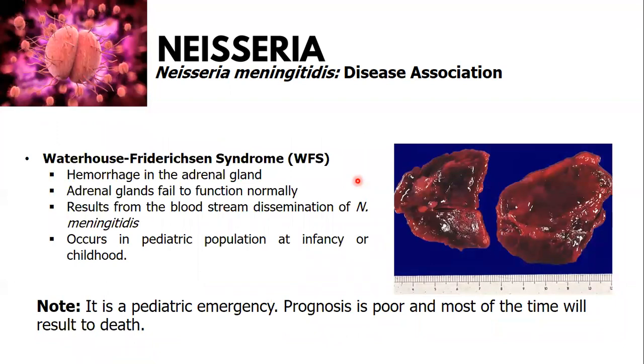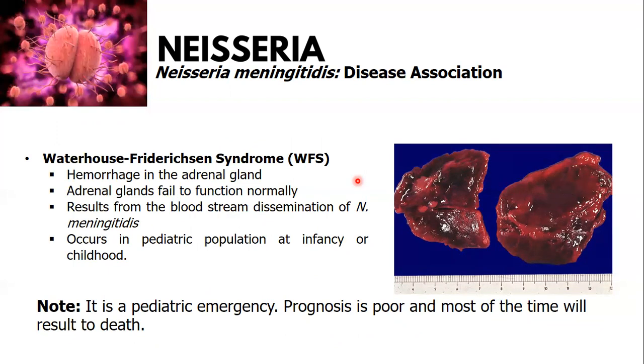We have here Waterhouse-Friderichsen syndrome, and take note that this is a complication of meningococcemia. So when Neisseria meningitidis reaches the bloodstream, it further disseminates to other parts of the body, including the adrenal gland, and it causes hemorrhages of the adrenal gland. And when adrenal glands are affected, they fail to function normally.